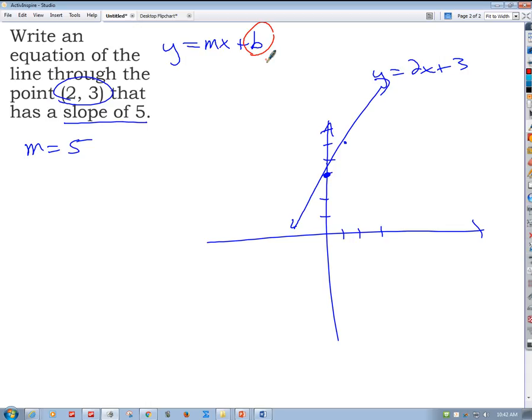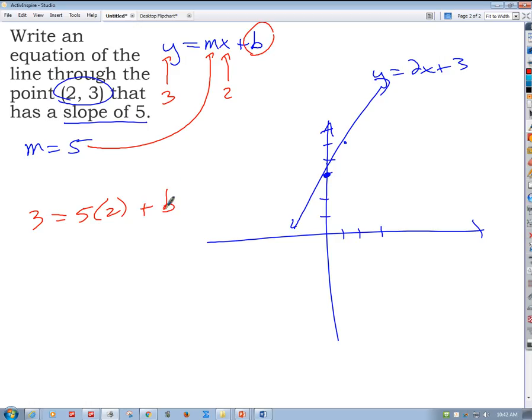I can still plug them in because I know these x and y values go together. So if I plug those in, what do I get? Well, 3 goes there because that's my y value, 5 goes there and 2 goes there. Plug that stuff in and I get 3 equals 5 times 2 plus b.